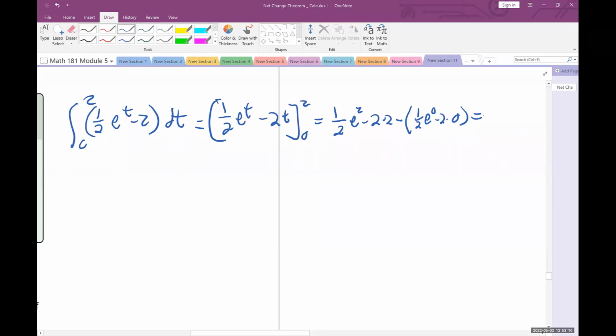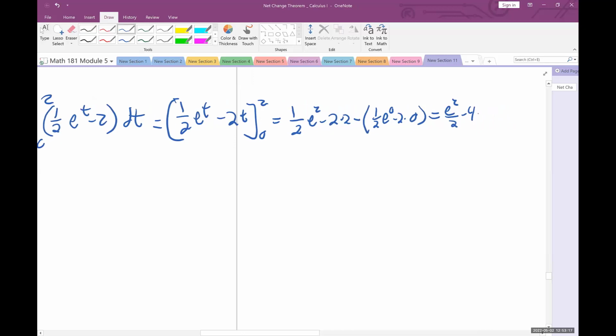Okay, so it's e squared over 2 minus 4, and then minus e to the 0, which is 1, so minus 1/2.